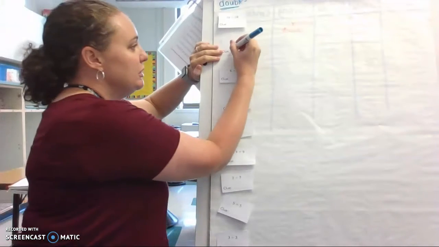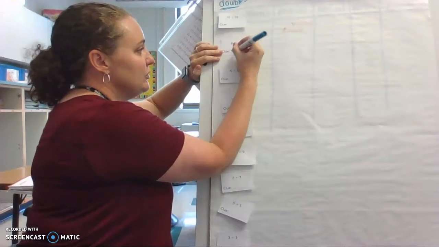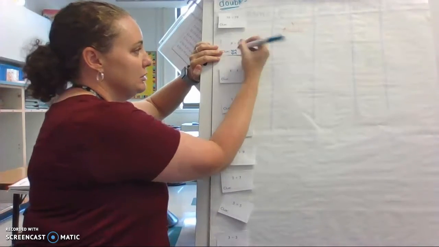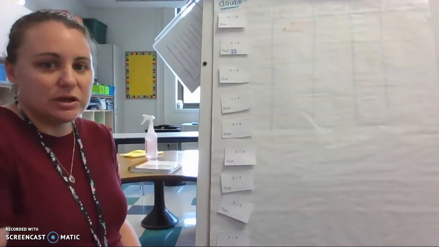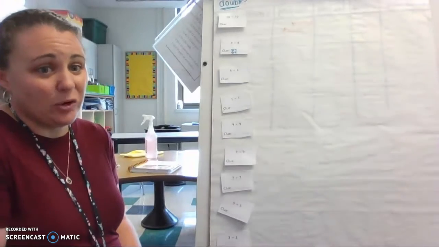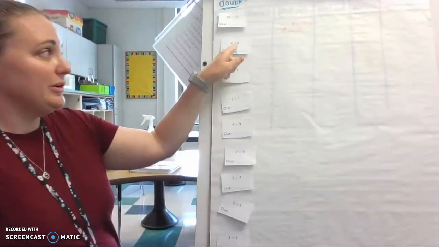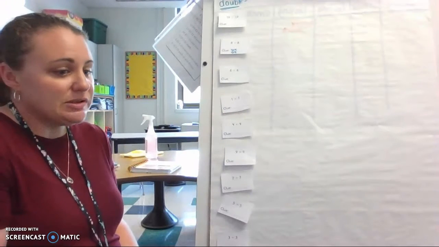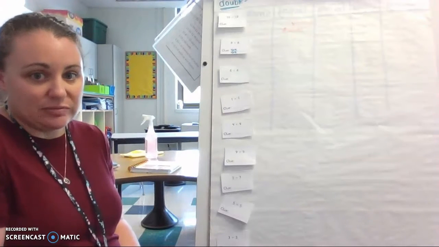So my clue might be 4 plus 4, 4 plus 4, to help me figure that out. Because I know 4 plus 4 equals 8 and 4 plus 4 equals 8, so that might help me figure out that 8 plus 8 equals 16. So these are our doubles. And our doubles, like I said, have the same fact on them. 6 plus 6, 5 plus 5, 9 plus 9. These are our doubles.